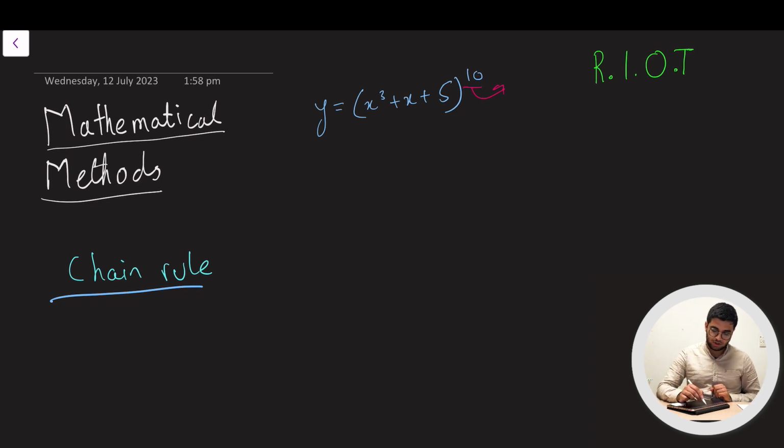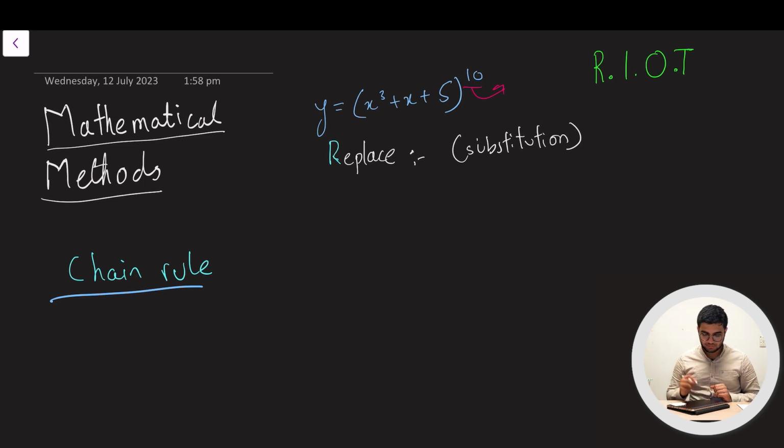So how are we doing this? The first step is R, which stands for replace, which means we're going to introduce a substitution.